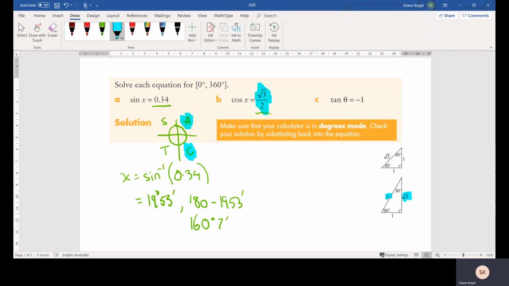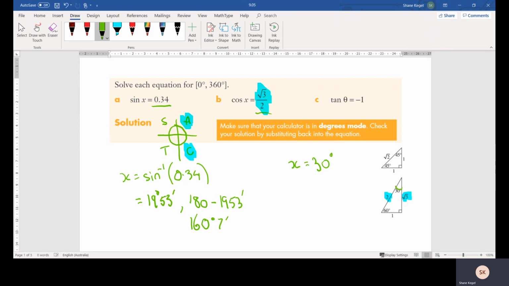Root 3 over 2, and cos is A on H. So I must be looking at this angle here, 30 degrees, because my A is root 3 and H is 2. That tells me that my angle, x, equals 30 degrees.